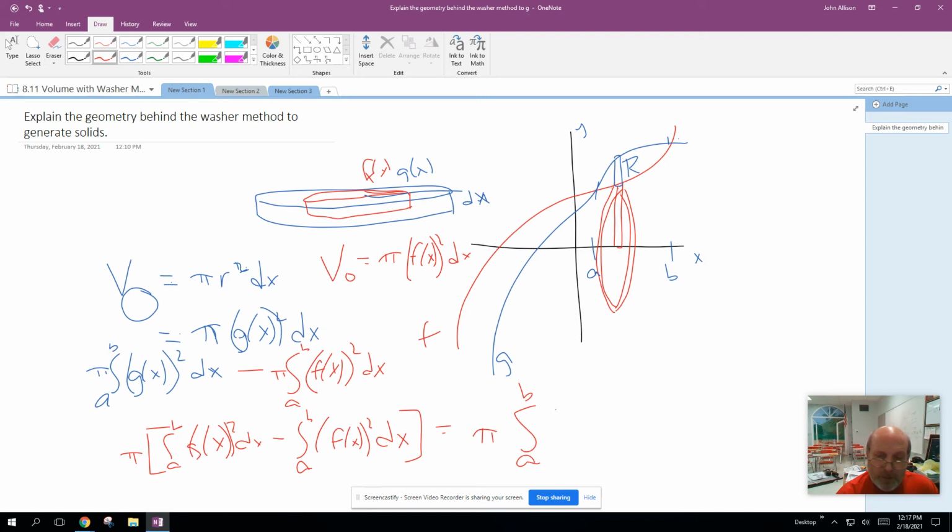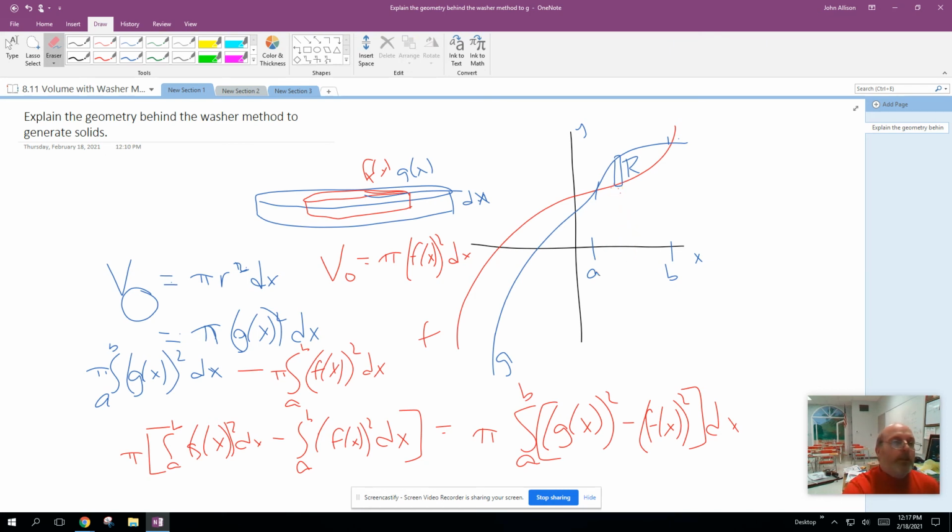So this becomes pi times the integral from a to b of g of x squared minus f of x squared, all times dx. And that's how we generate the volume of the region that would end up looking like a washer if we revolve that region around the x-axis.